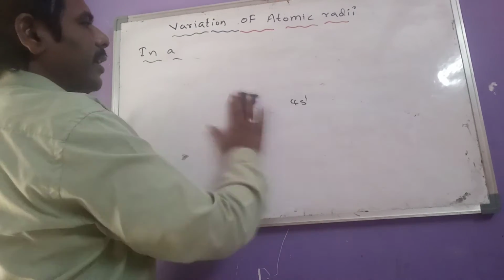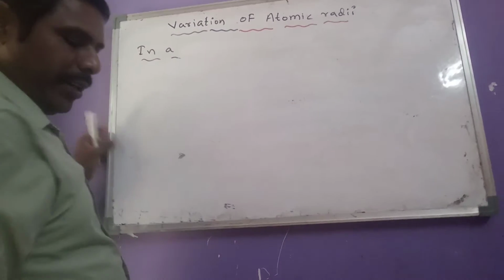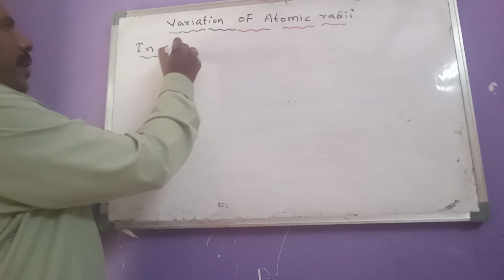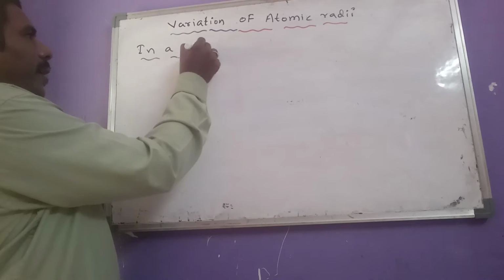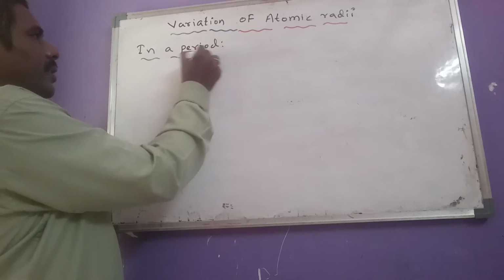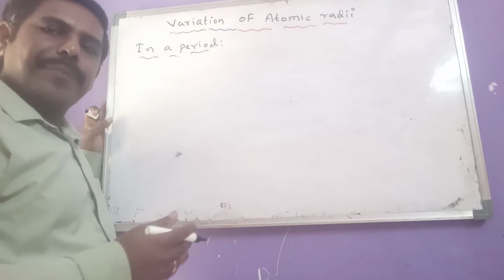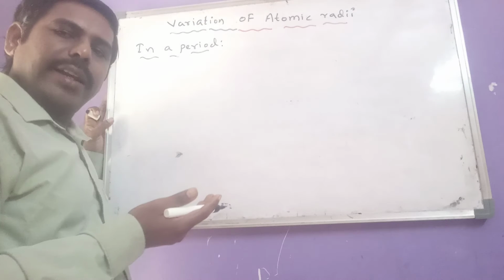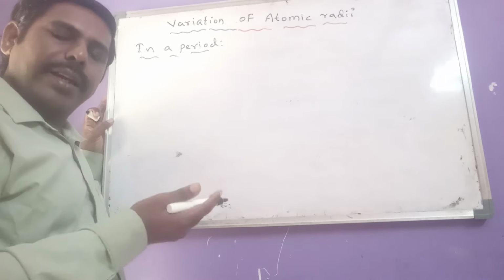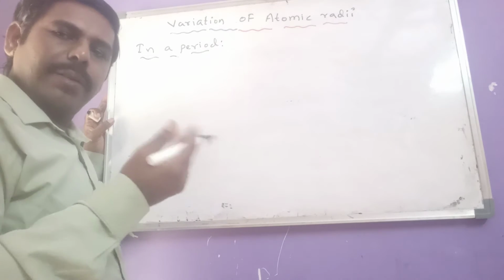Now let us see variation of atomic radius in a period. So in a period, what happens to atomic radius from left to right? We have to consider the second period, because in the first period only two elements are there.